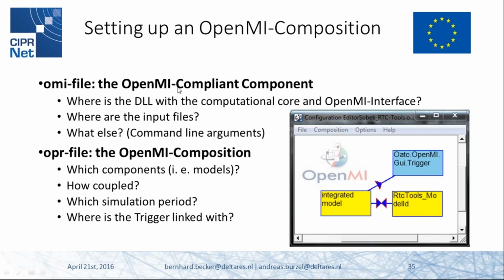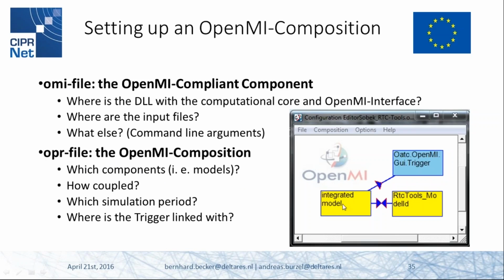So what we do is loading OMI files that are prepared by the modeler, and then we can save the whole composition, and this will result in an OPR file, OpenMI project. And this is more about the relation between the components. Which components are involved?